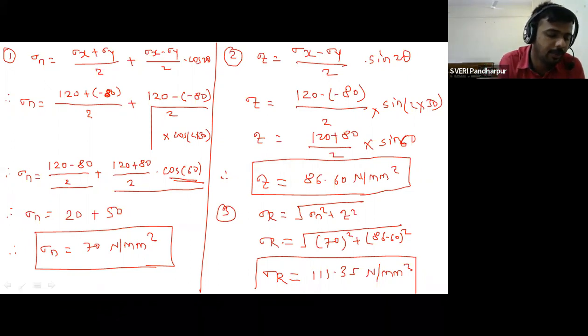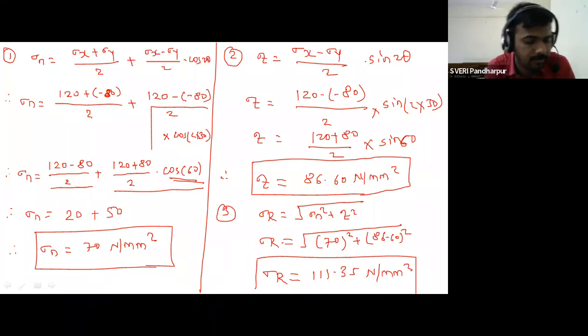Okay, have you finished calculating? Everyone has got the answers. Those who are attending online have got these three answers: 70, 86.60 and 111.35 Newton per mm square. Any problem with the calculation? Do the calculations properly, take the time. One by one, do the separate simplification.